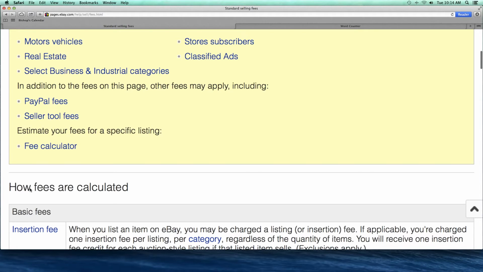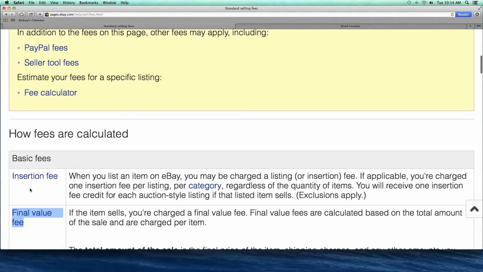So if I sell something for $50, and it's my 15th listing of the month, then there's no insertion fee, because I'm under 20, but there is a final value fee if I sold it, and that would be 10%. So mark that or put that into your memory. 10% is the standard final value fee, which means eBay takes $5.